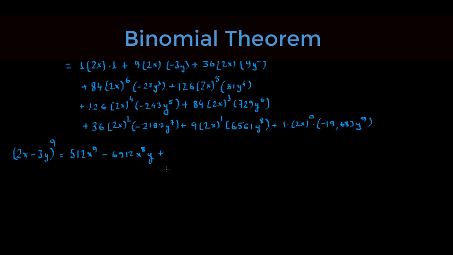36 times 2 raised to the power 7 times 9. So this is 41,472 x raised to the power 7 y squared plus 84 times 2 raised to the power of 6 times negative 27.